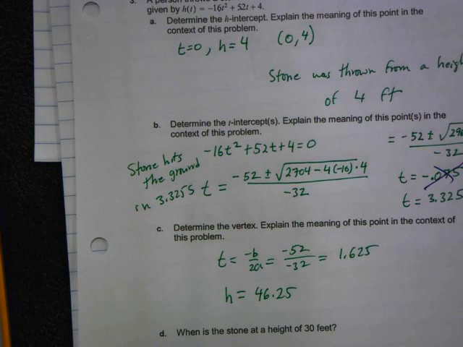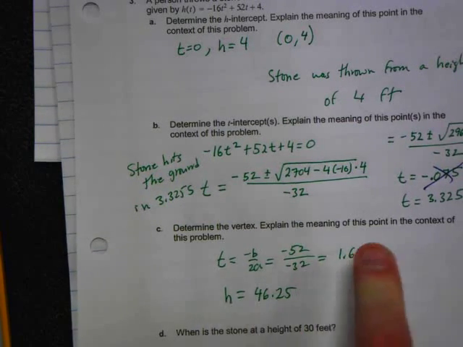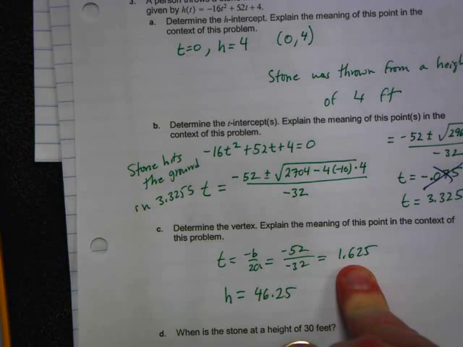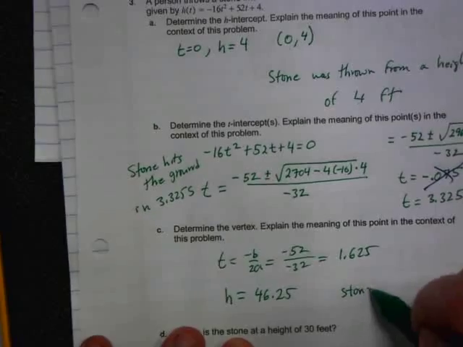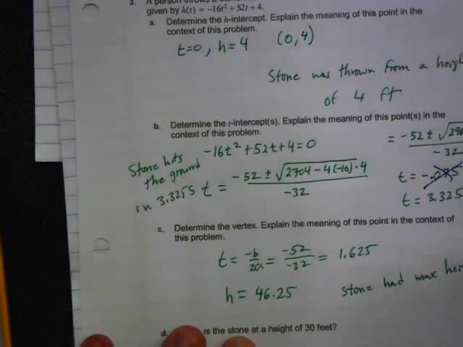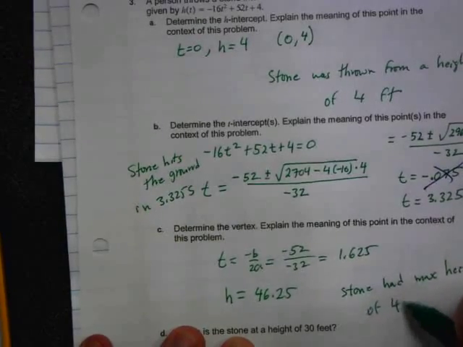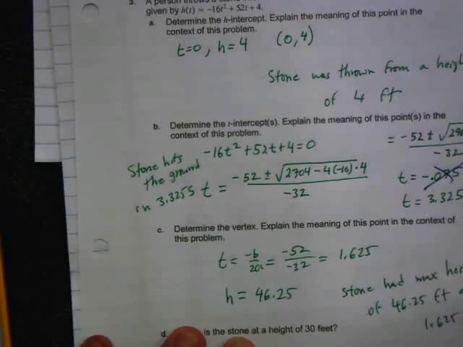What does that mean? This 46.25 is the highest the stone goes, and it reached that at that time. So the stone had a maximum height of 46.25 feet at 1.625 seconds.